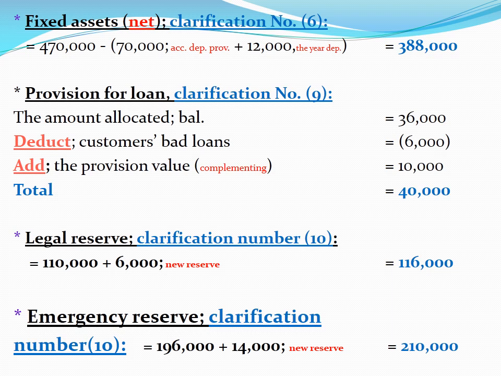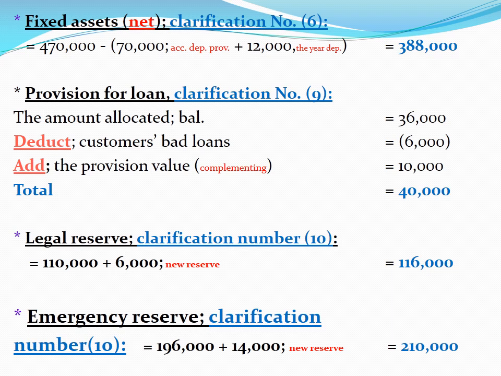Now, provision for loan. Clarification number 9. The amount allocated as a balance in the trial balance is 36. Deduct customers' bad loans 6,000. We explained this in the adjustments through the book. Add the complementing provision value 10 to give total 40,000. I have to stop here.